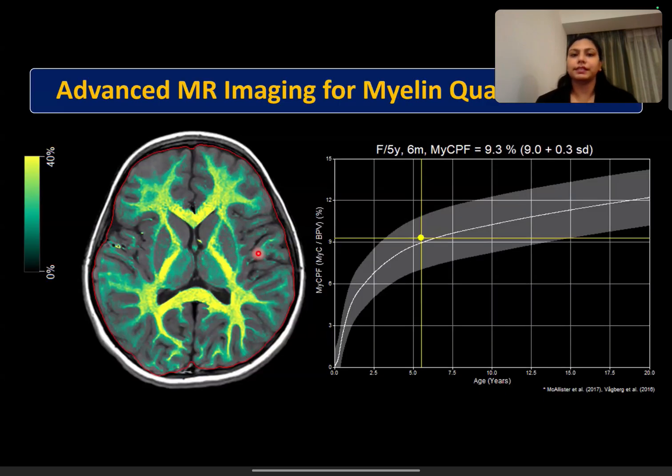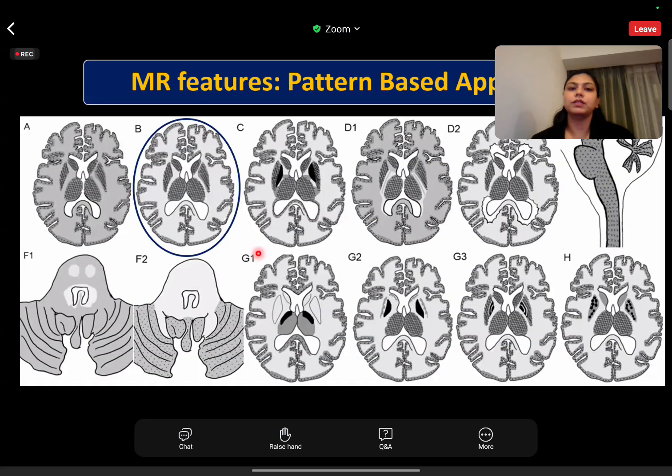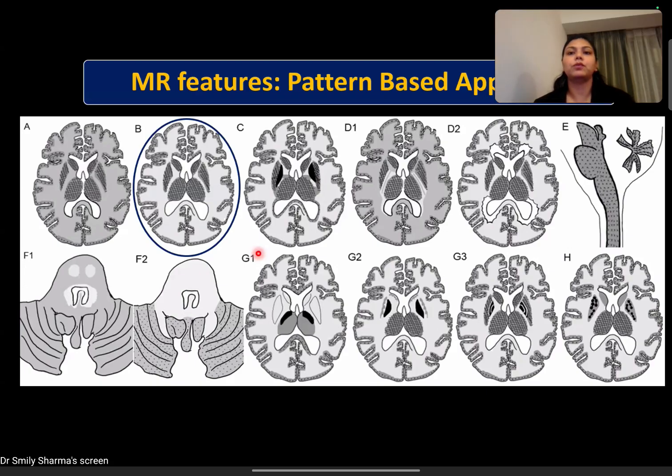So this was just a brief discussion about hypomyelinating leukodystrophies before we start discussing the MR features and have a pattern-based approach. Whenever we are dealing with a case of leukodystrophy, we have to decide, as we saw earlier in our rules, that we have to look at the age, we have to look whether it is normal myelination or not, whether it is hypomyelinating or demyelinating, then we have to look for certain specific features and patterns.